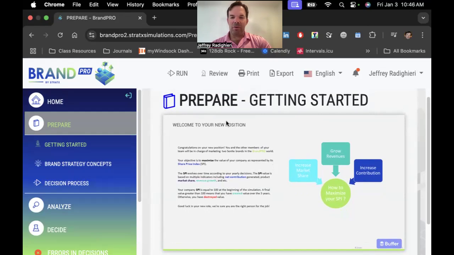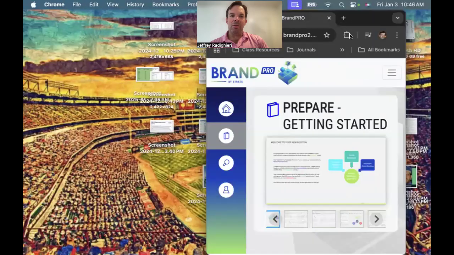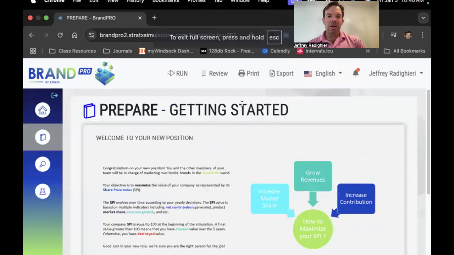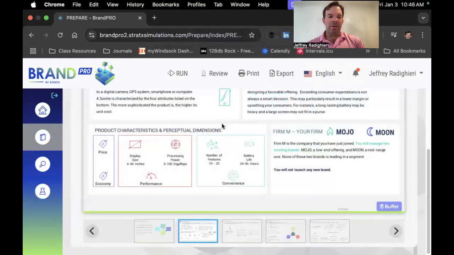And you do that through increasing what we call contribution, which is just basically revenues minus your marketing costs and your variable costs. Okay. You start with a stock price of 100, and your goal then is to grow that as much as you can. You certainly can lose value as well, but that's kind of the process here.